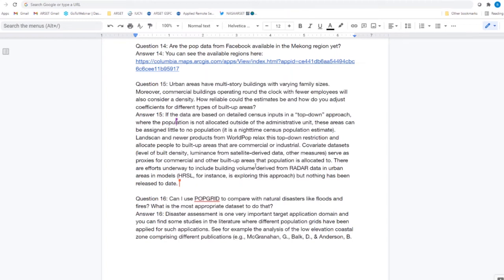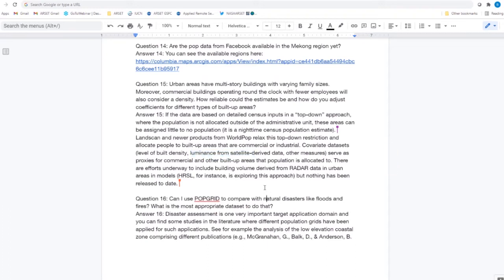So the urban built-up and multi-story buildings aren't well accounted for unless the census data are detailed. The present products typically use either a simple settlement extent, or sometimes lights at night from satellite-derived measures, which helps get at this, because the more built up an area is, the more well lit it tends to be.